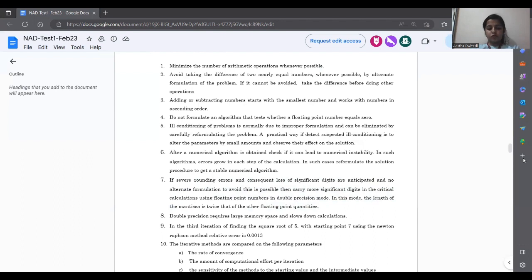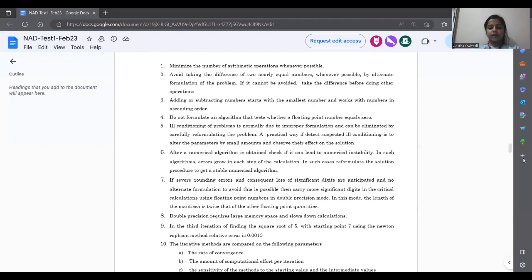This statement is true. Severe rounding error and consequent loss of significant digits can occur in numeric calculation, particularly when dealing with quantities that vary widely in magnitude or when performing operations on values that are close to the limit of machine precision.